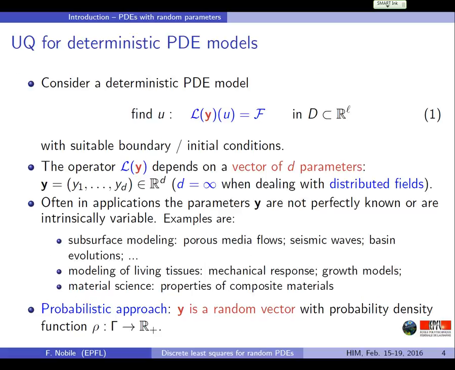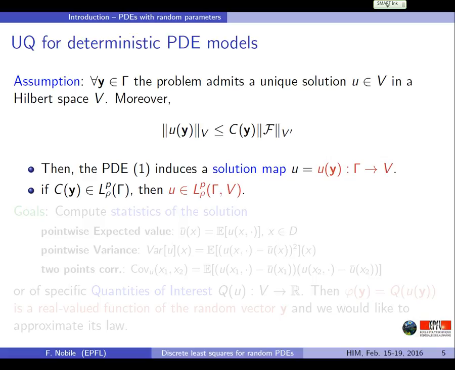So if now I introduce a probability measure on this space R^D, the set of possible values of these parameters gamma, then the mathematical problem is nothing but just a transformation of measures.